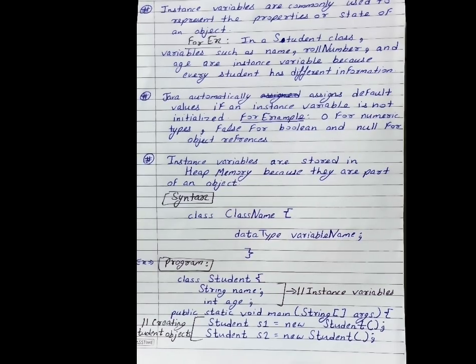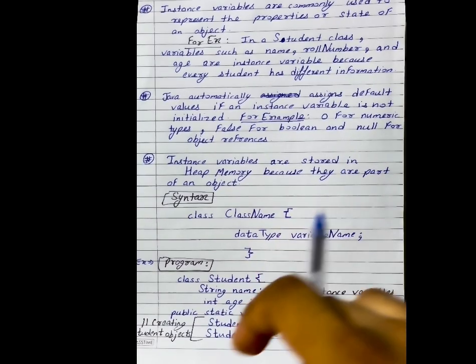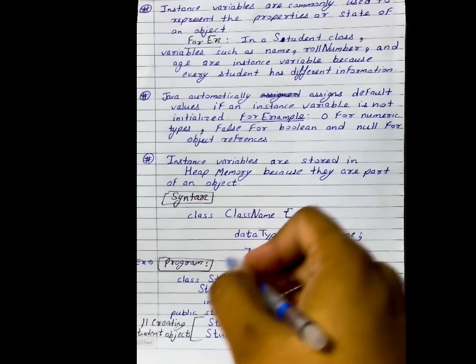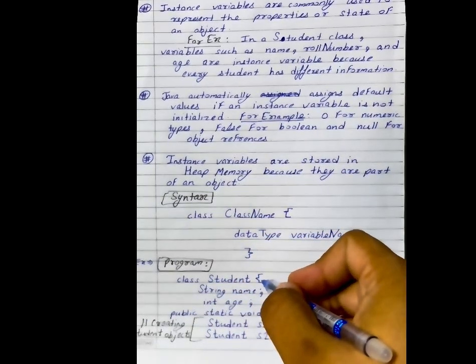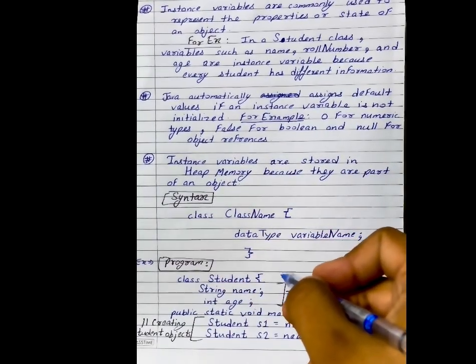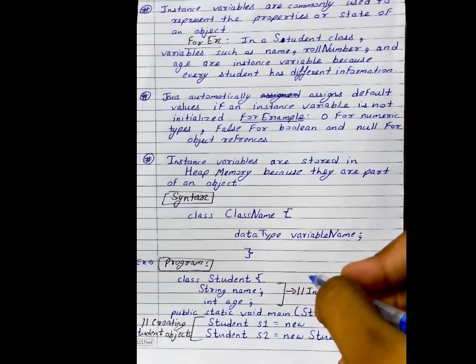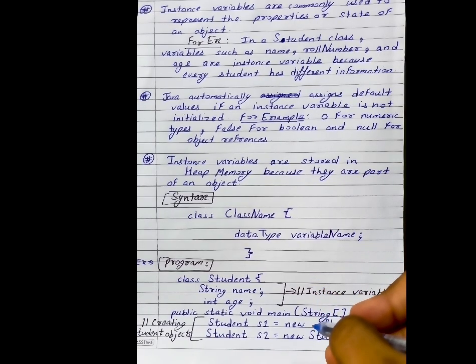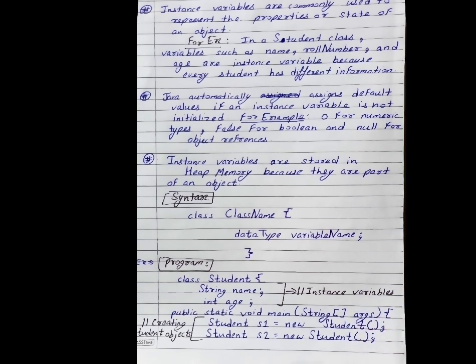So in this program, the student class contains two instance variables, name and age, and two objects s1 and s2 are created using the new keyword. Since instance variables belong to the objects, each object here receives its own separate copy of these variables.